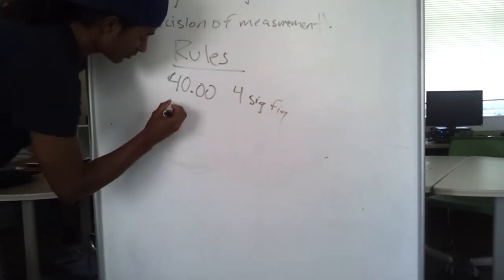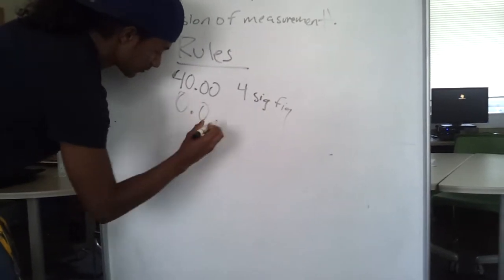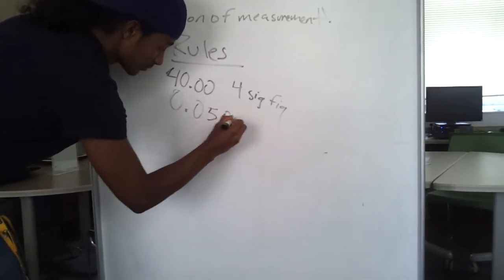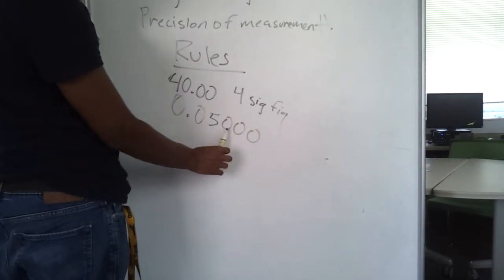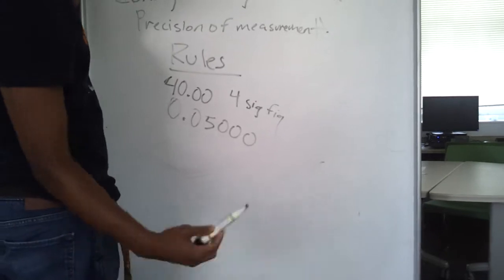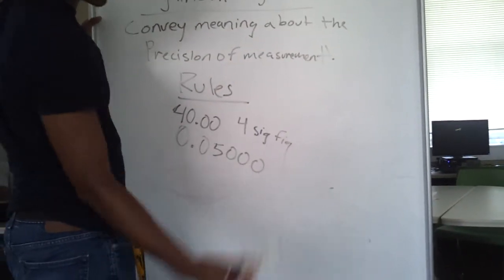In another example, it goes decimal. Here, you would have 3 zeros that are also significant figures because they follow the 5. So in total we'll have 1, 2, 3, 4 significant figures.